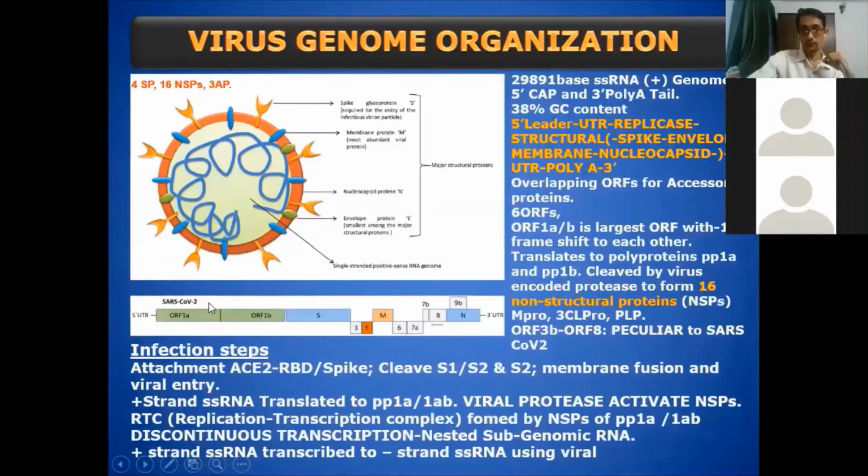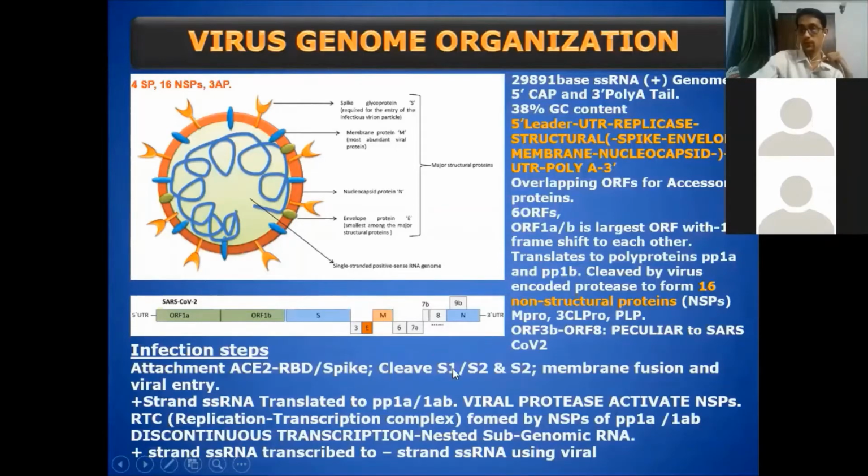As for the infection steps, we are not going into much detail in this one. The first one is obviously attachment. Attachment happens by a human receptor called ACE2. ACE2 binds to the receptor binding domain on the spike, and after the spike protein binds to ACE2, the spike is cleaved by another host protein, a transmembrane protease.